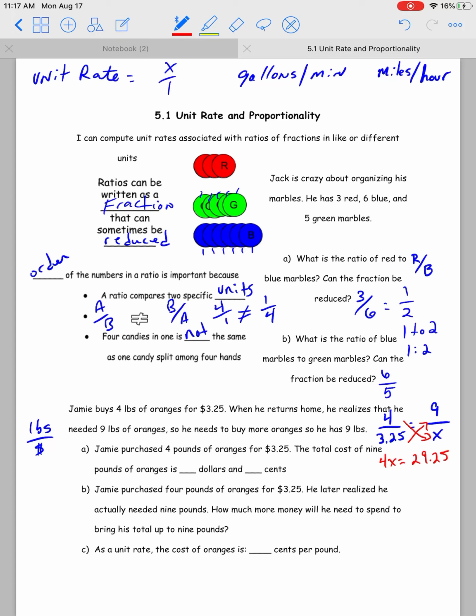Actually, let me step back one time here. Now, to find out what x is, we have to divide by the 4. So 29.25 divided by 4 gives you $7.30. So the total cost of 9 pounds is $7.30.